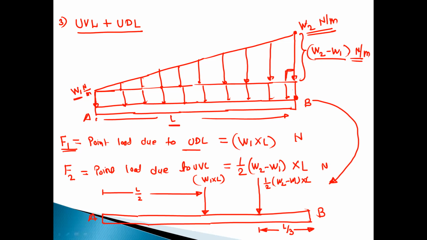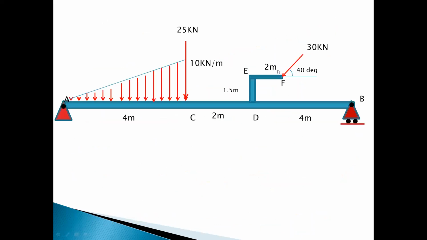So this is the free body diagram for the given combination loading, UVL plus UDL. These are the three types of loads and their corresponding conversion into point loads. So you can note down this first problem.